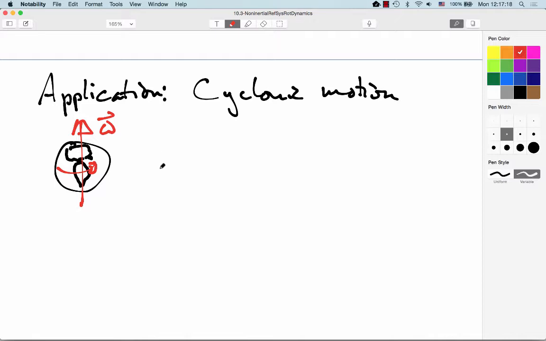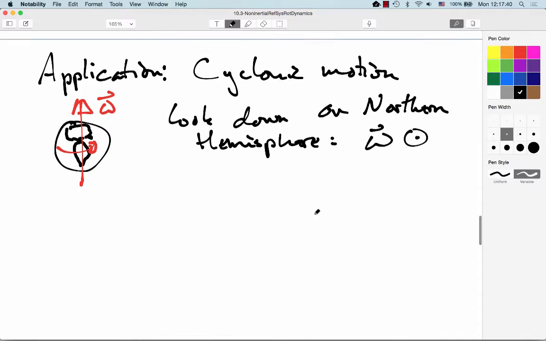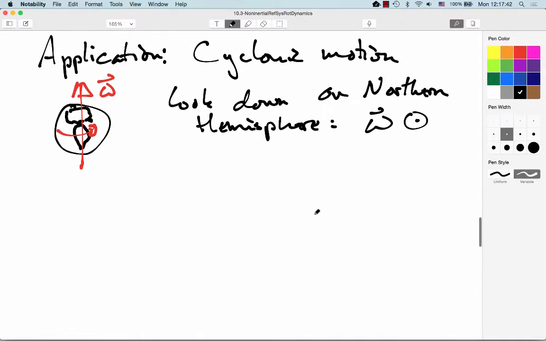So let's now look down on the northern hemisphere. In that case, the angular velocity will be pointing out of the page. So now let's say you have a low pressure cell, or low pressure center right there.